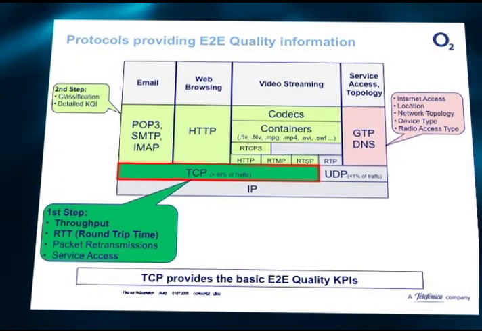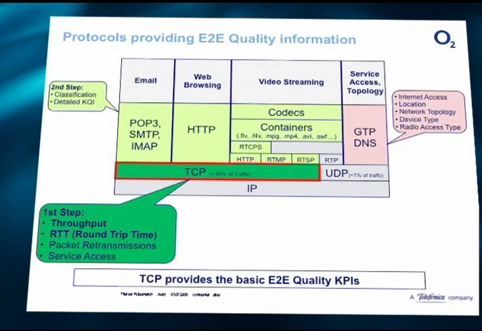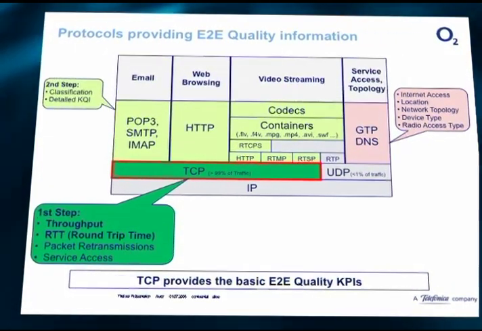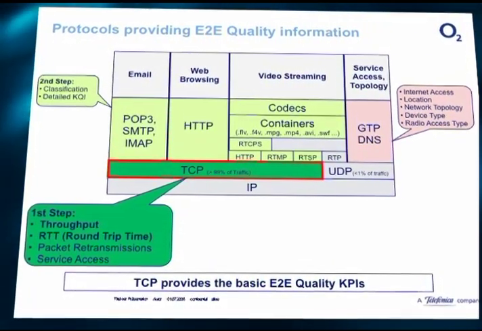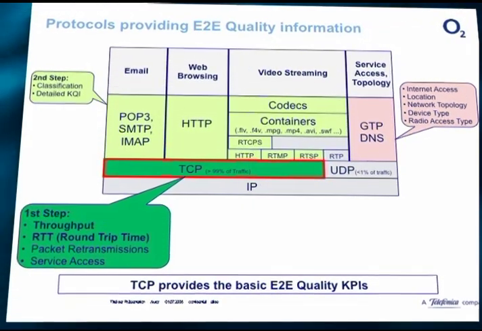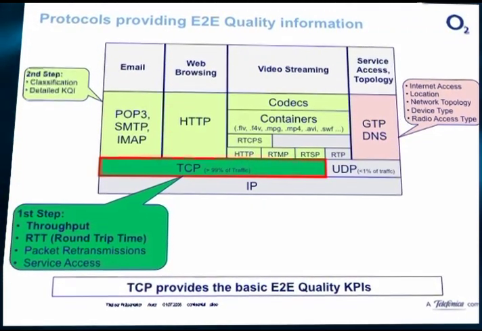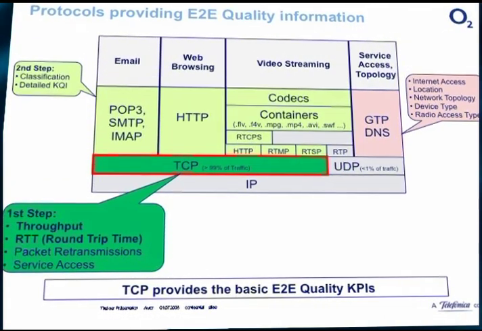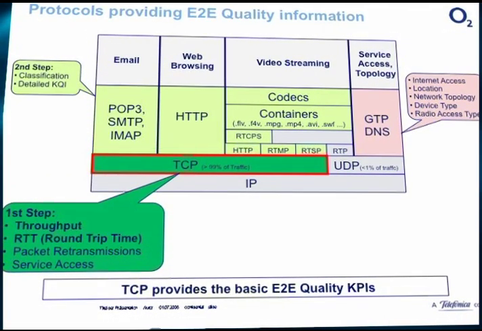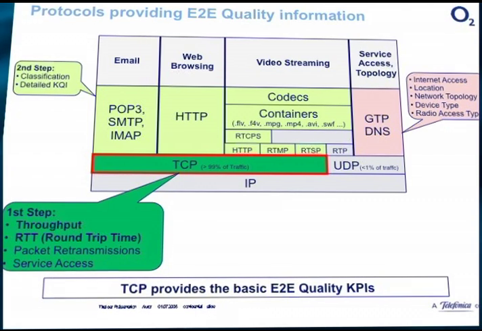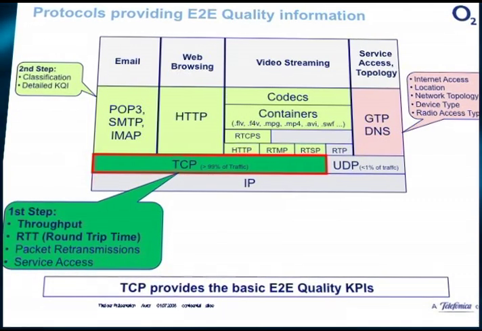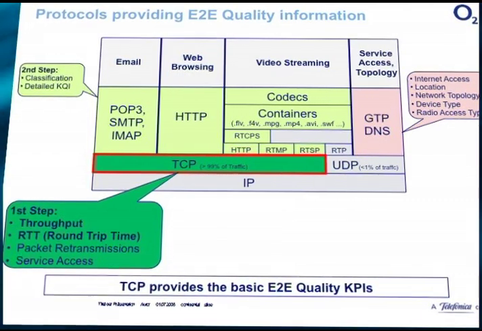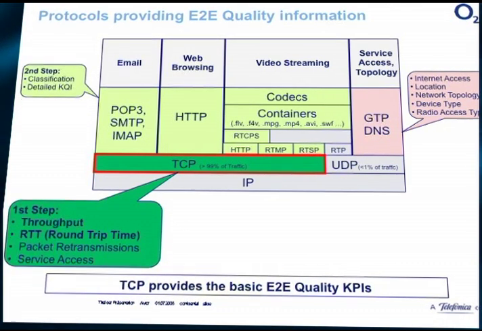To look a little bit more in detail into the application protocols, the end-to-end protocols, the most basic protocol we can look at is the TCP protocol. TCP protocol carries most of the traffic and also most of the applications that are used today within mobile internet. And as a first part, it is absolutely necessary to focus on the information you get from there. That is mainly throughput and round-trip time, and also packet retransmissions and service access.